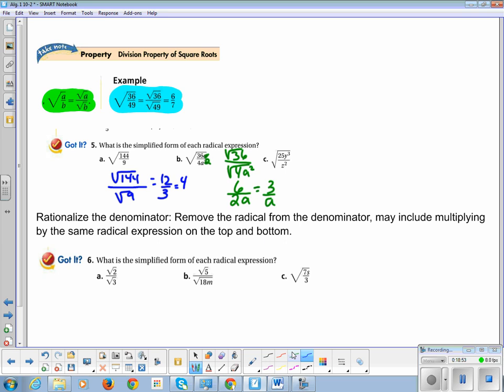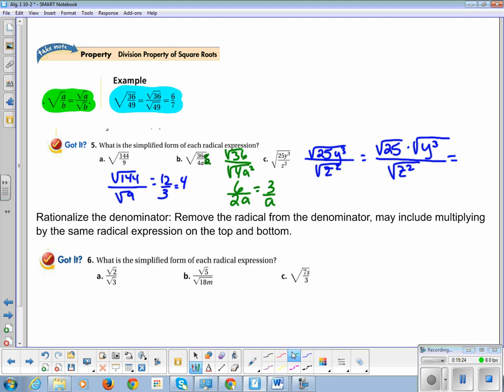One more. Let's split this up: the square root of 25y to the third over the square root of z squared. Thank goodness I know I can go square root of 25 times square root of y to the third, over the square root of z squared.